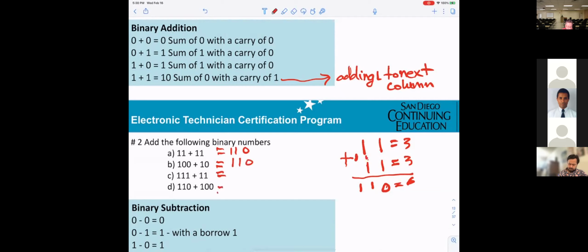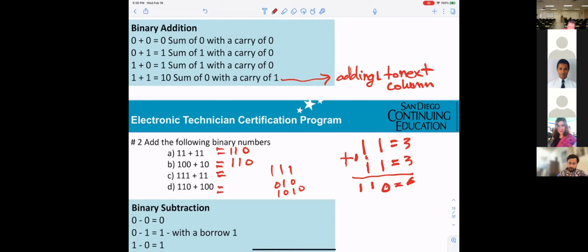And the next one: is it 111? You say 1, 1, 1. Is it? I don't know yet. You say 0, 1, 0. Yes, it's 1010.